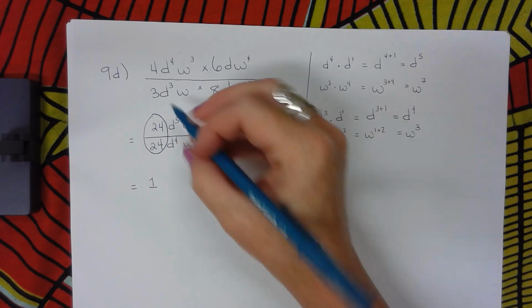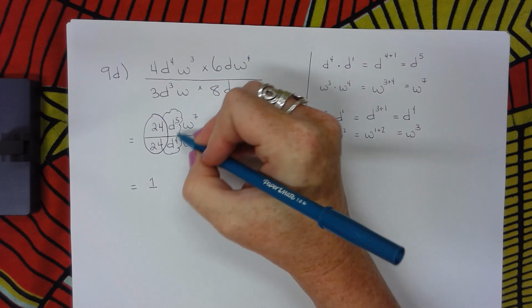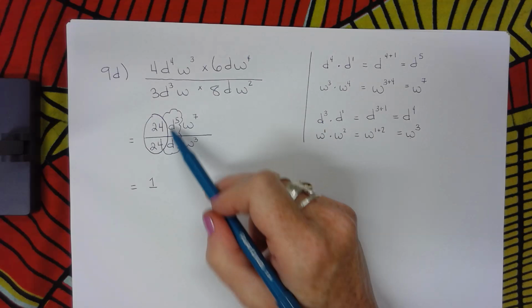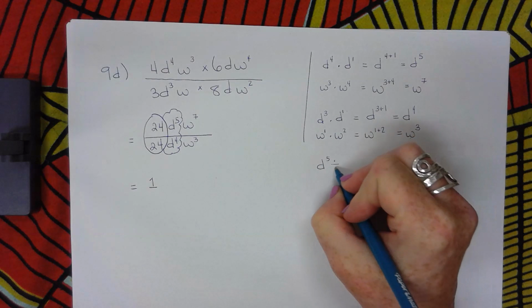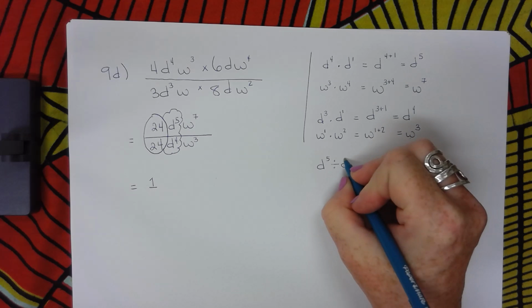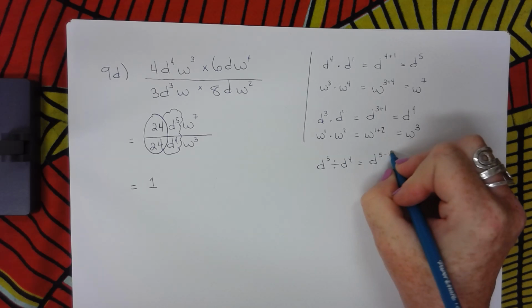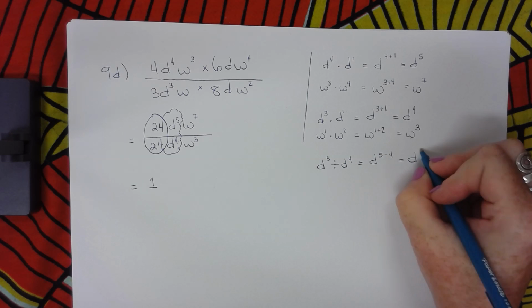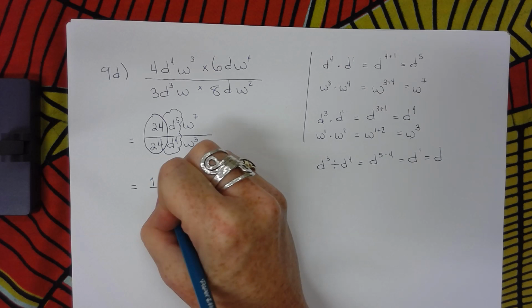I know that when I divide like bases, I subtract the exponents. So d to the exponent 5 divided by d to the exponent 4 is just equal to d to the 5 minus 4, which is equal to d to the exponent 1, which is just the same thing as d. So now I'm going to write down d.